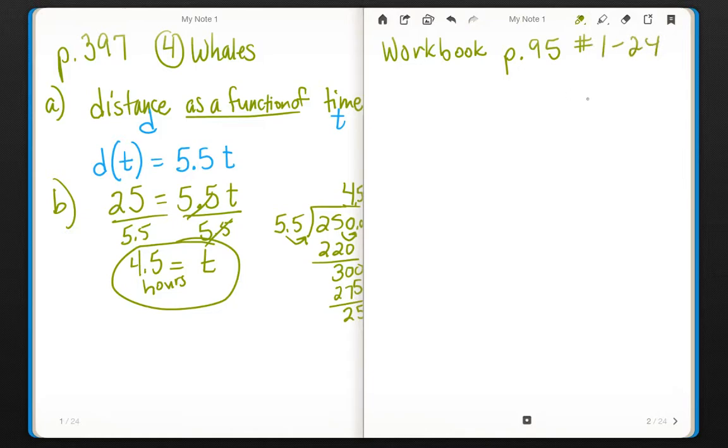So work those out. If you're quiet and you want to work with a partner, that's fine, as long as you're working quietly. And so while you're working, you guys can stop this video. Once everybody's finished, then I'll start it back up, because I'll show you the answers. You guys can check them. And then once you've checked them, corrected them, then you can go ahead and start on tonight's homework.